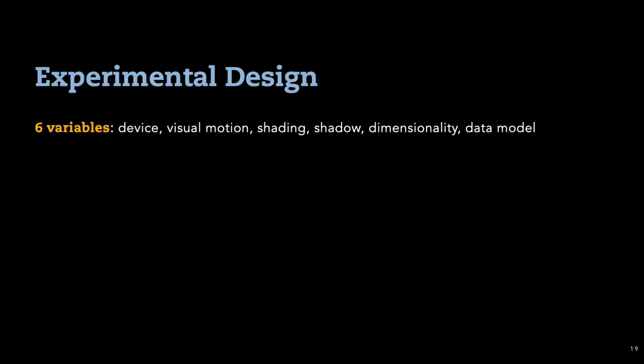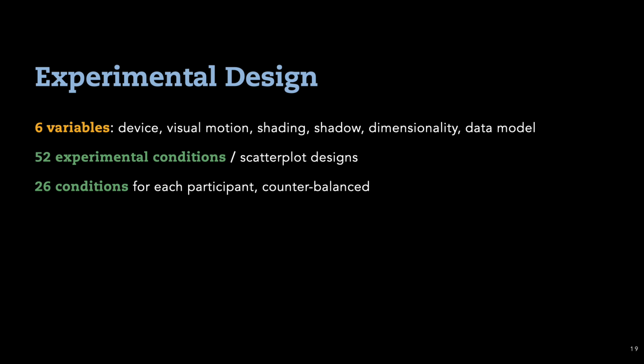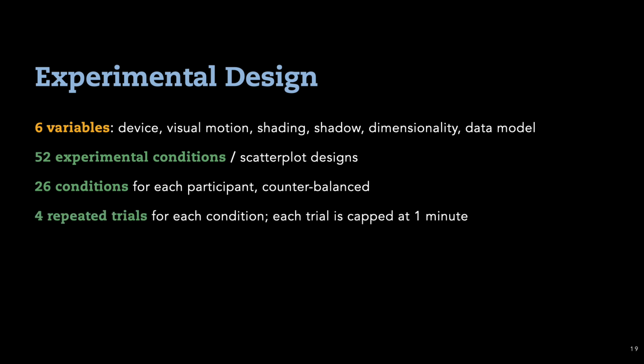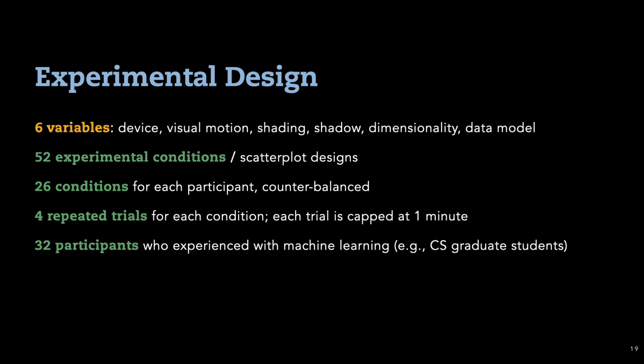For the experiment design, we have 6 different variables, which generate 52 experimental conditions. We assign 26 conditions to each participant, and in each condition, they repeat 4 trials. Each trial is capped at 1 minute. And we recruit 32 participants who had prior experience with machine learning from Brown University.